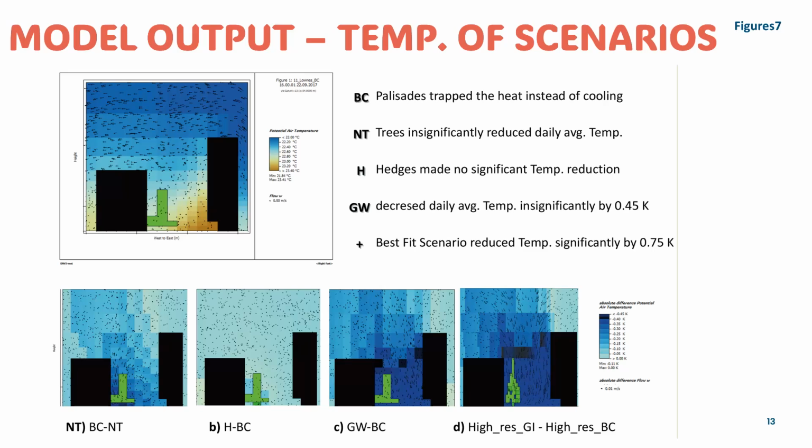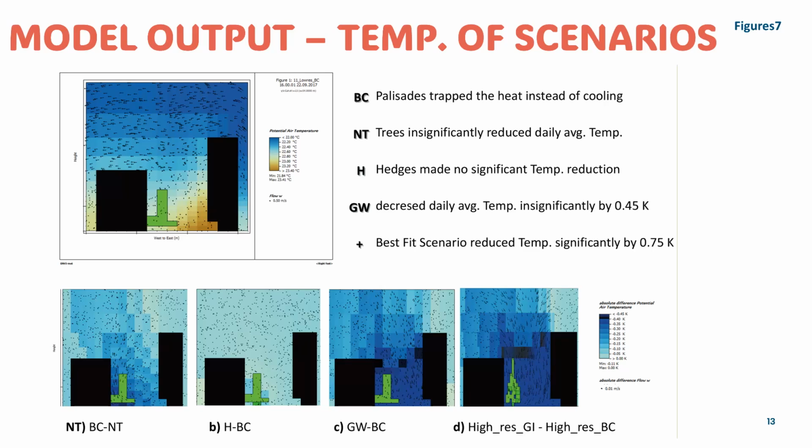And the green walls were able to cool most, so they cooled the whole canyon mean temperatures. However, for all these temperatures, I want to mention that they are not very significant. There's just a decrease of about 0.5 degrees. So they are able to decrease mean temperatures, but just very, very slightly.